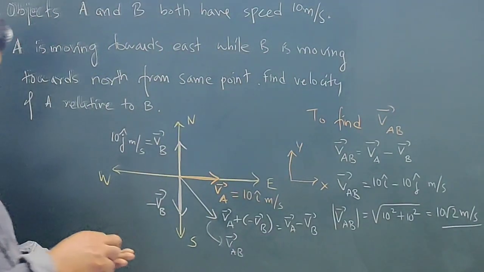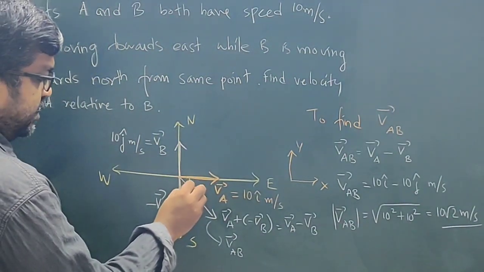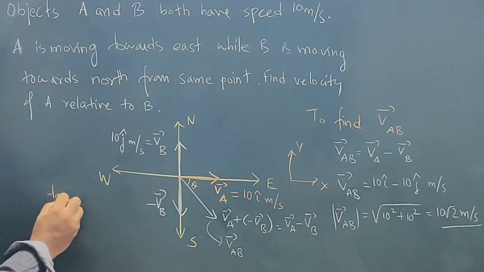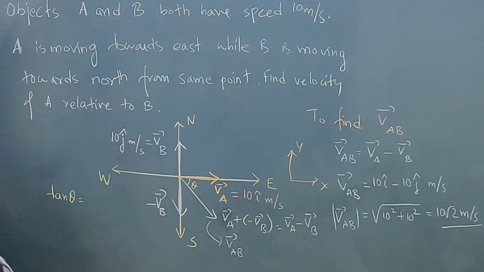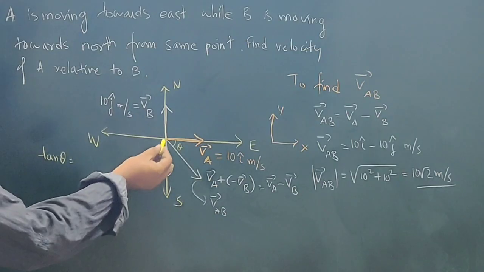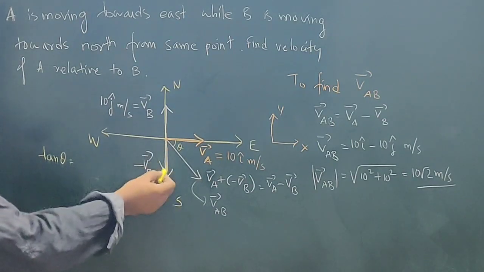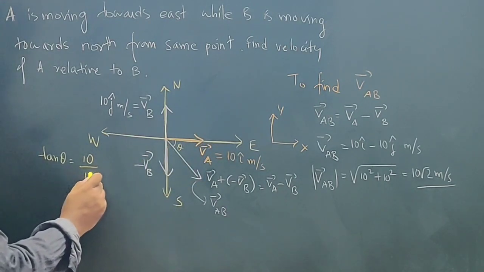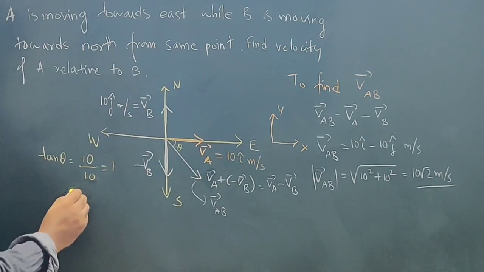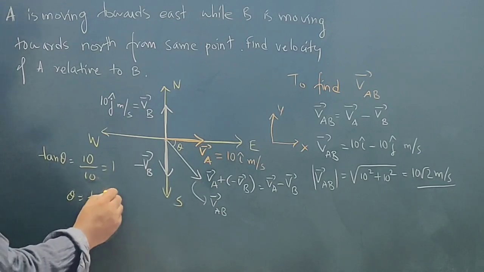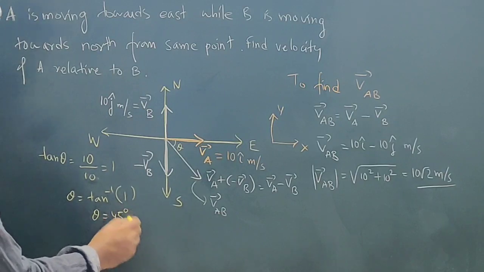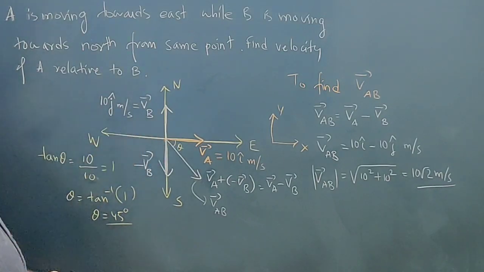Correct? Now if direction is asked, that is this angle theta. So how much is tan theta? Tan theta will be equal to perpendicular by base, so 10 divided by 10, that is equal to 1. So theta is equal to tan inverse 1, that is theta is equal to 45 degree.